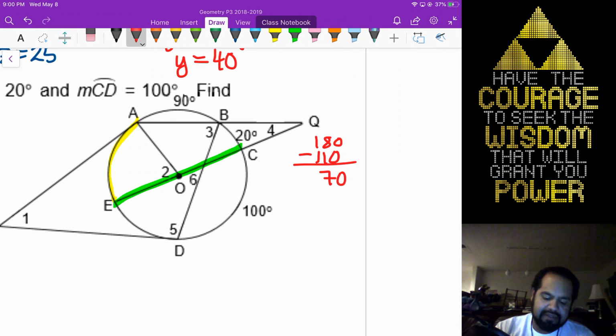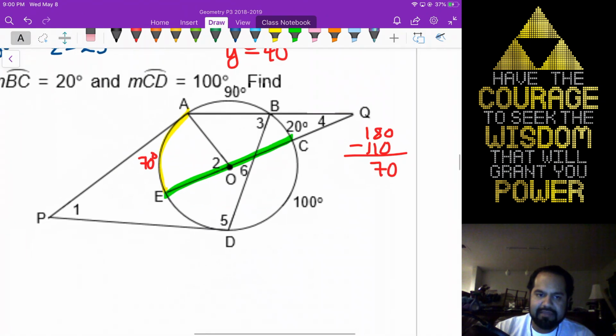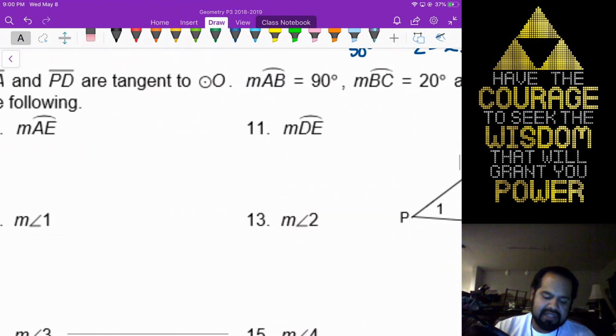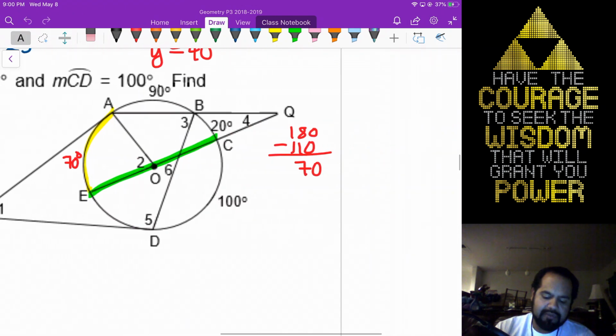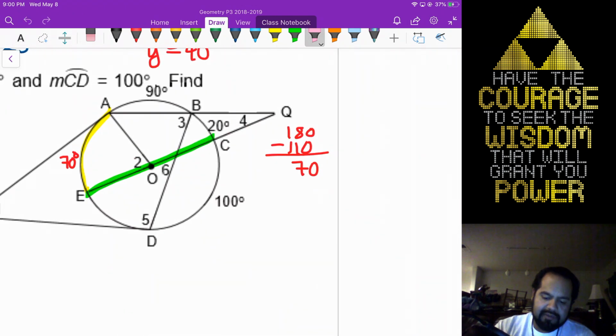So then there's our 70 degrees. And we are going to need this in a bit, so we're going to keep it there. Now we also need the measure of DE, which is the same logic. We have half a circle here. So 100 plus what equals 180? So we're going to get 80 degrees there.